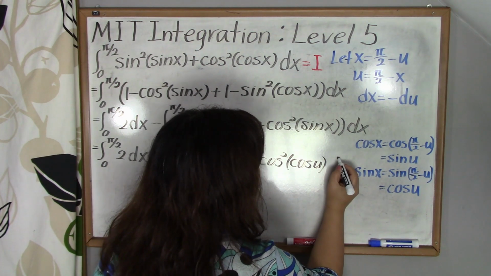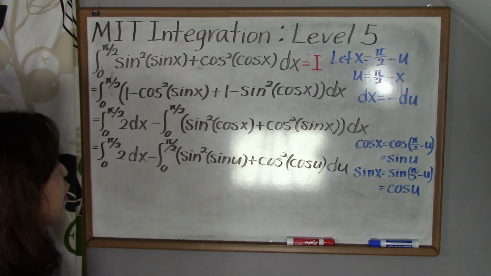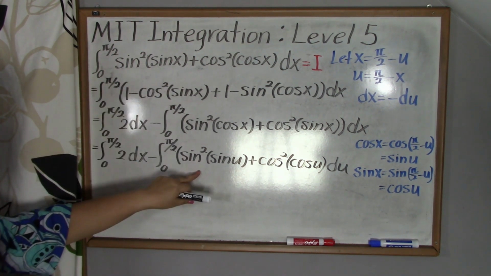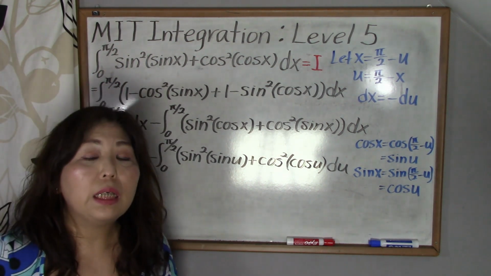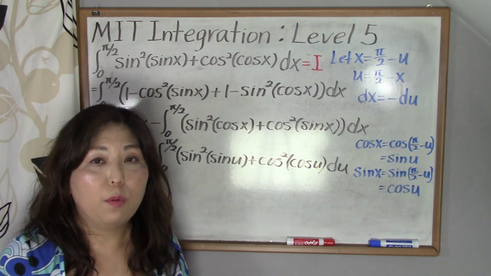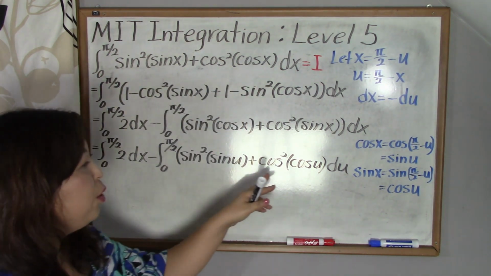You see, this and this differ only in variables. This is the x variable, and this is the u variable.